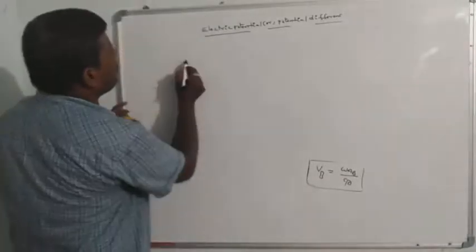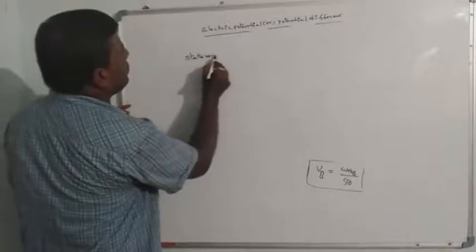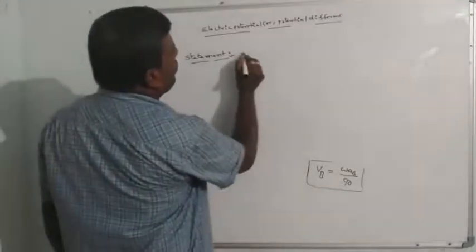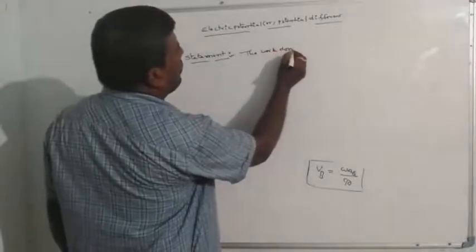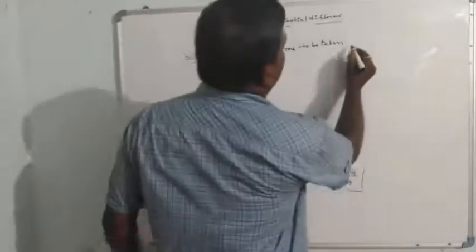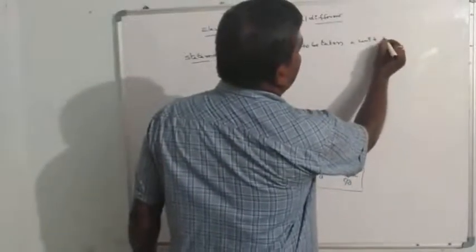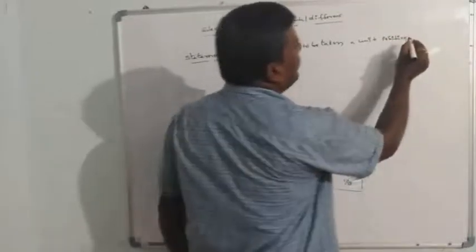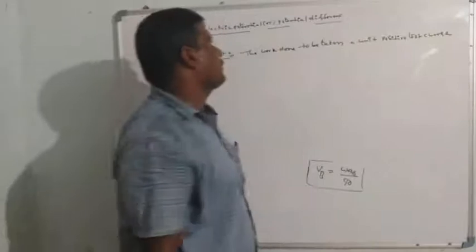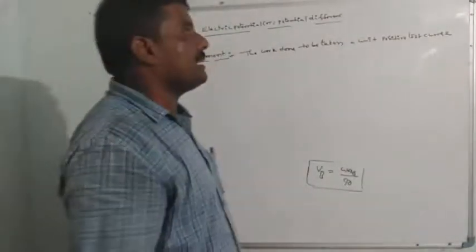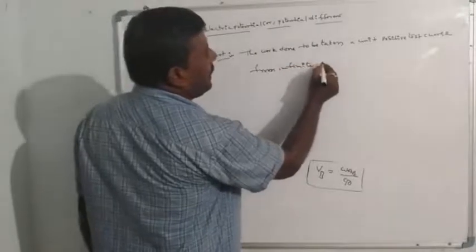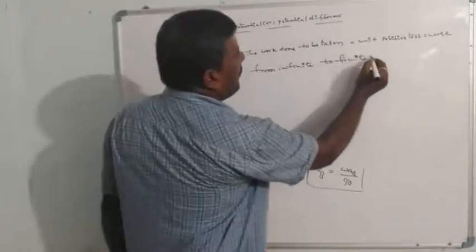So the statement: the electrical potential is the work done to take a unit positive test charge from infinity to a finite region.